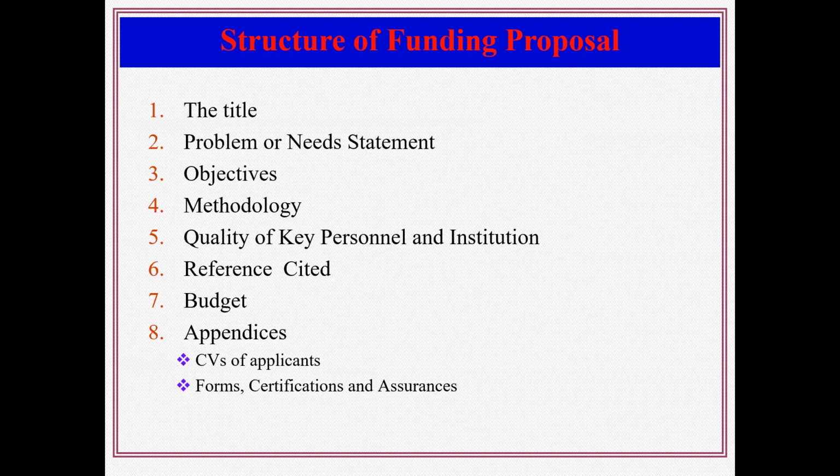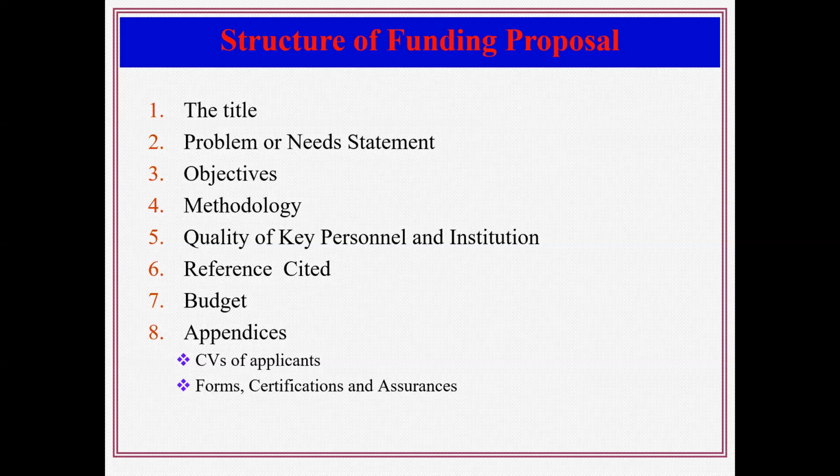The common things are: the first one is the title. Second is the problem or needs statement. Third is objectives. Fourth is methodology. Fifth is quality of key personnel and institution. Sixth is references cited. Seventh is budget allocation. And eighth, appendices.